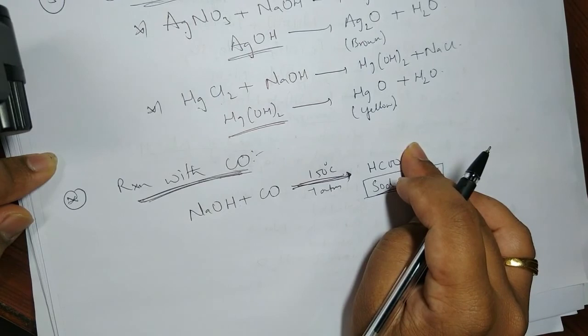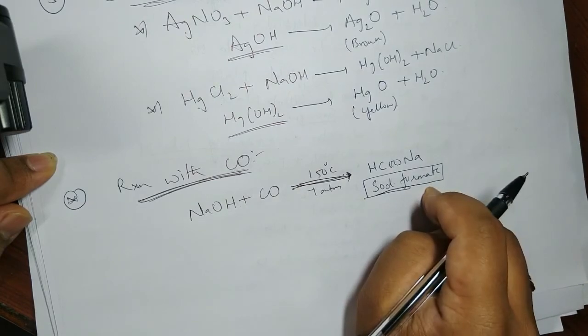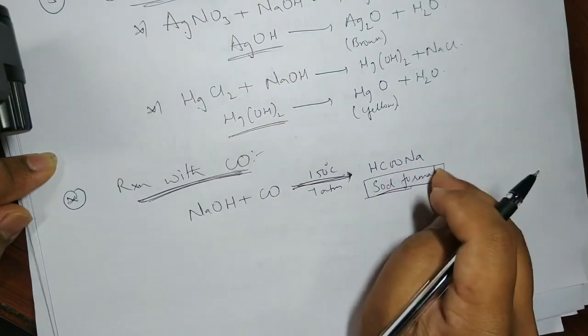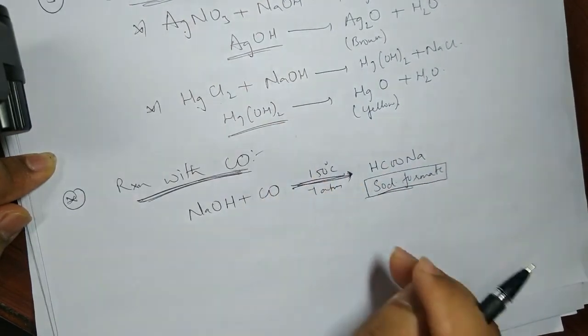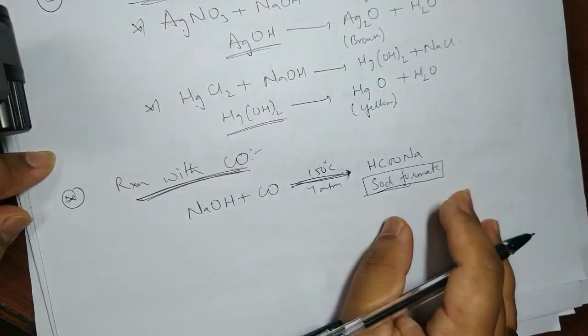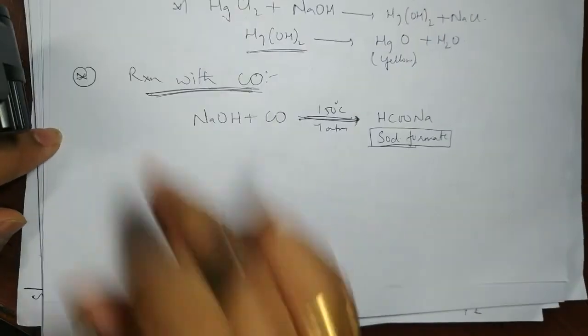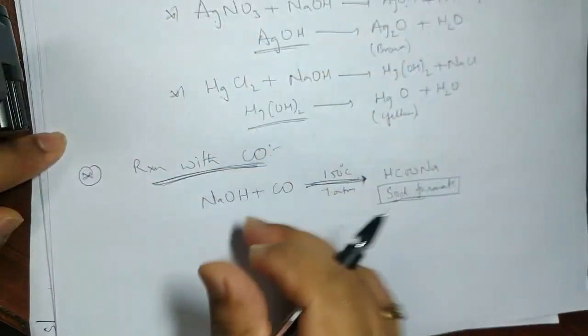For formic acid, hydrogen is removed and sodium is replaced, so I have sodium formate. This is the action of NaOH on carbon monoxide. With this, the reaction part is done, and mostly questions are asked from these reactions.